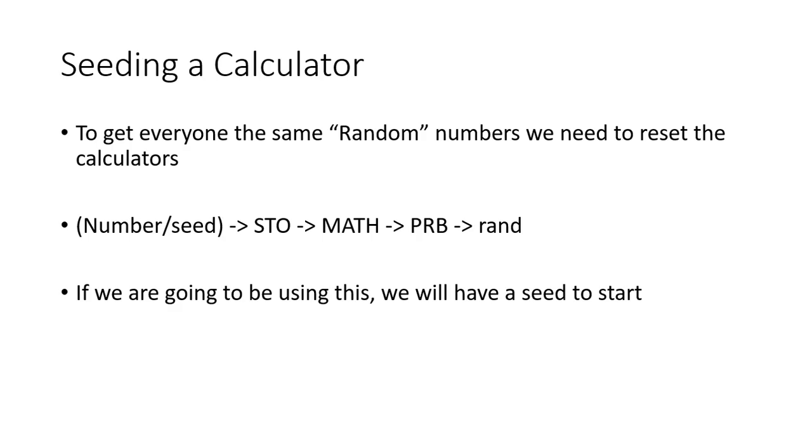So if you give it the same starting point, they're going to generate the same numbers over and over again. This is just how you do it. It's not going to be that big of a deal. The only thing would be if you're asked to seed it ahead of time. The AP exam won't do that. You'd be asked to seed it a certain way so everybody gets the same quote unquote random numbers.